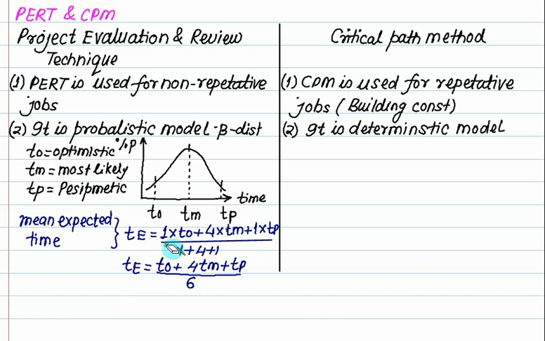Since it's a probabilistic model, the variance is given by sigma square equals Tp minus To divided by 6 whole square, and the standard deviation is the square root of sigma square. So sigma is just equal to Tp minus To divided by 6.